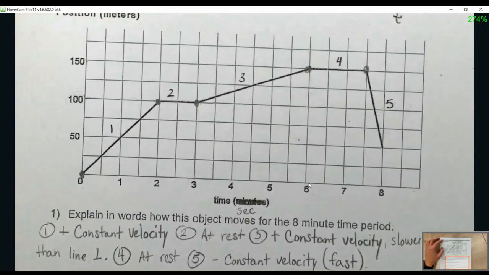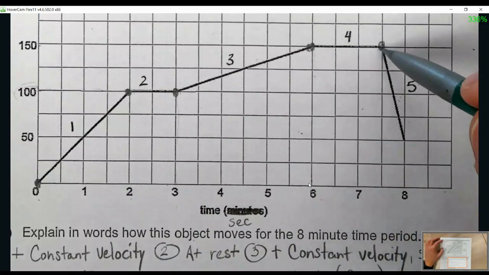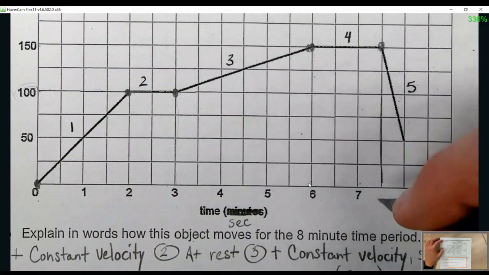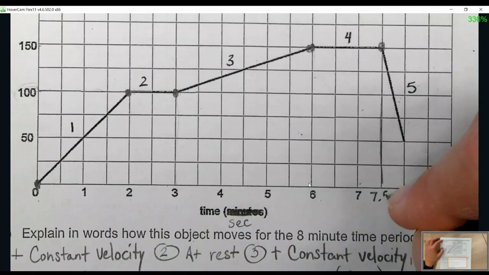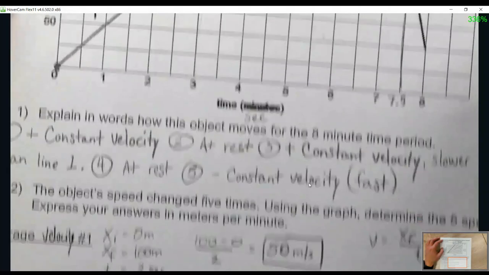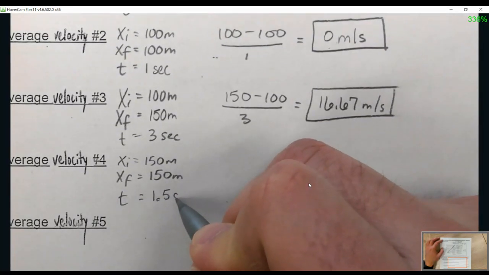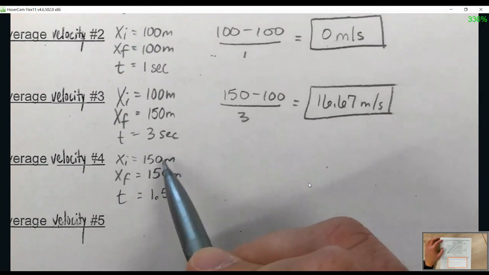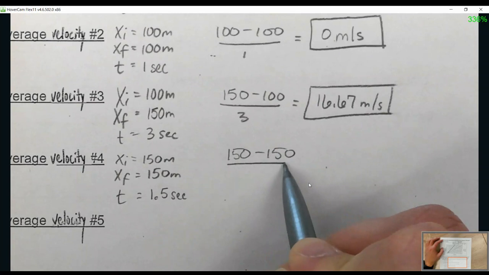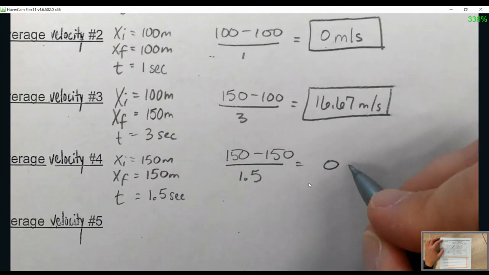Let's go to line segment 4. You were moving from 6 seconds to, well, I'm right in the middle of 7 and 8. So what's 7.5 minus 6? Yeah, just 1.5. So your time is 1.5 seconds. xf minus xi, that's going to be 0.